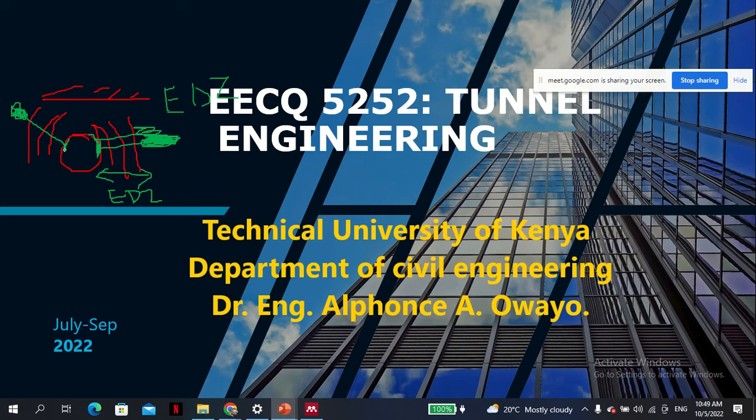Those rock bolts must be able to anchor themselves in solid ground. The place where they are anchored has to be sound rock, such that the rock bolt extends beyond the broken zone, the EDZ, the excavation damage zone.